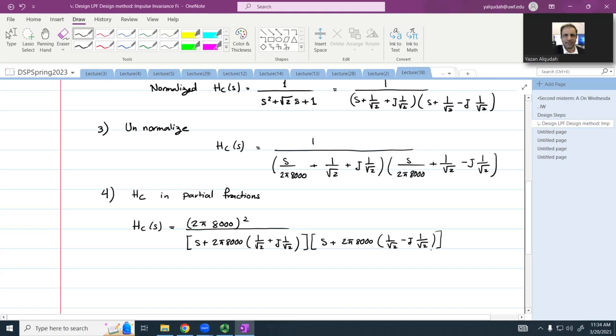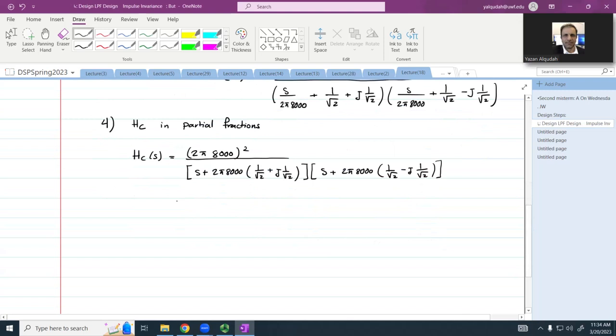We got that? So we just multiplied the numerator and denominator by 2 pi multiplied by 8,000. Now we can expand this.